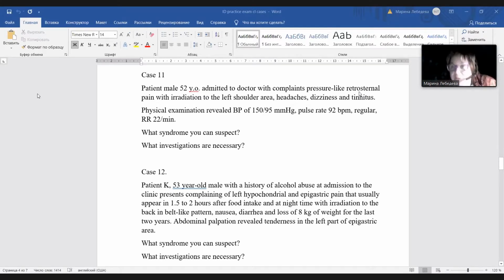We can suspect acute coronary syndrome due to typical retrosternal pain with irradiation. The patient must be investigated by the following plan.